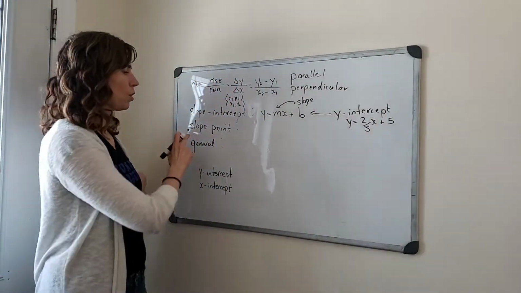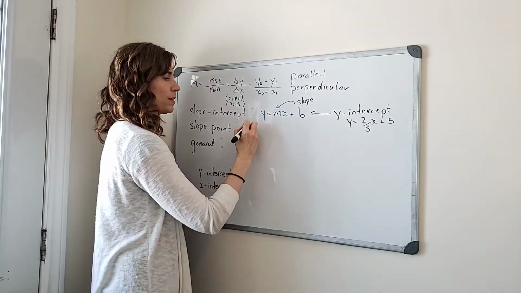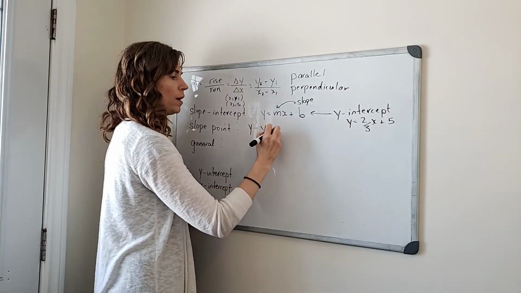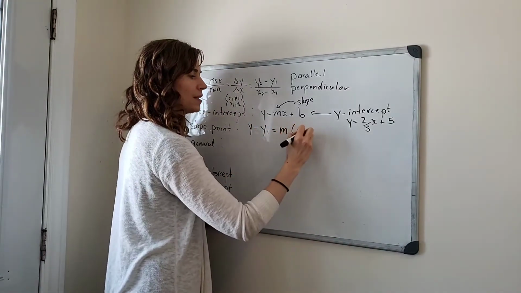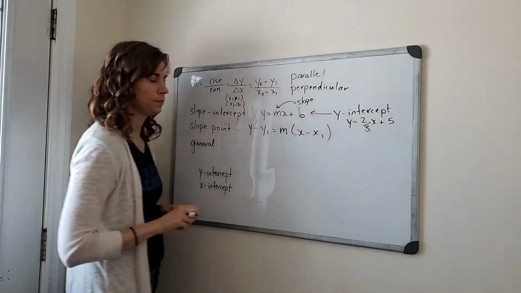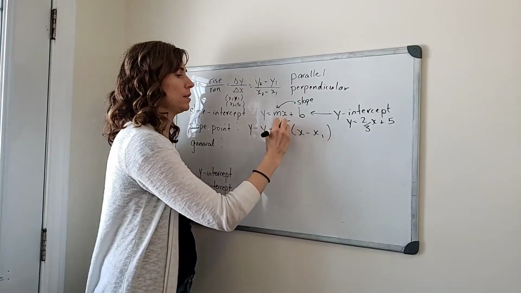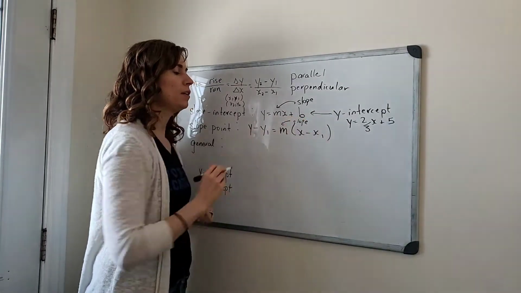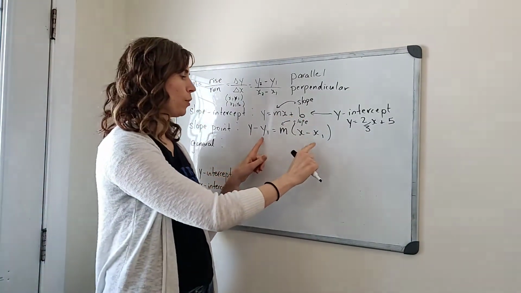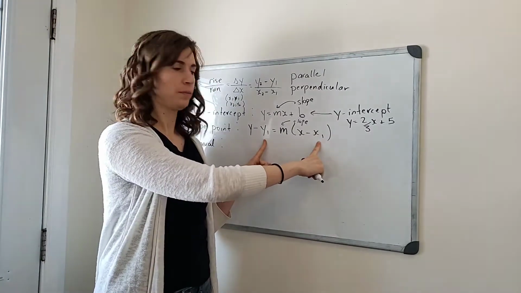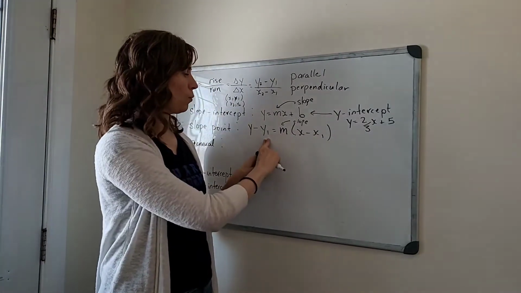All right, let's go to slope point form. Slope point form looks like this: y minus y1 equals m bracket x minus x1. Same idea, this m is our slope. And if you remember, you can put any point on your line in for x1 and y1.